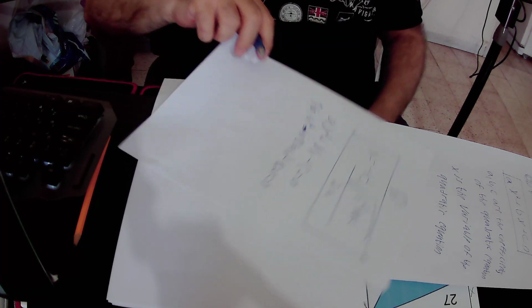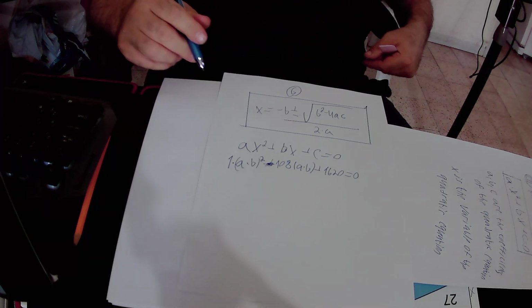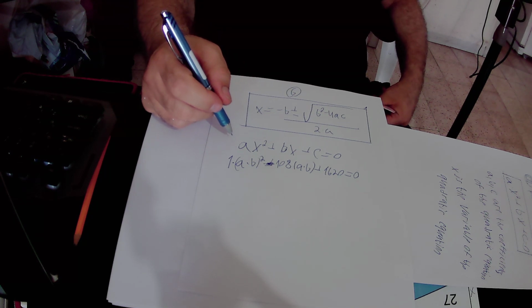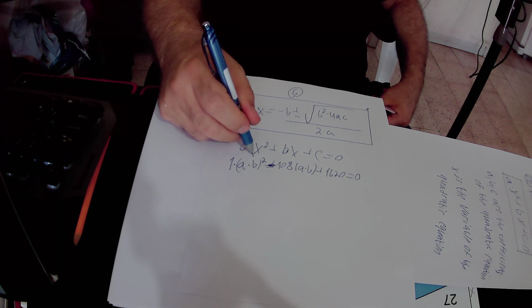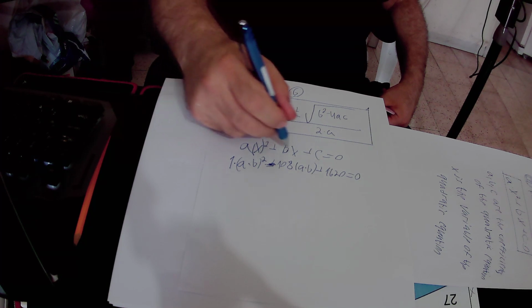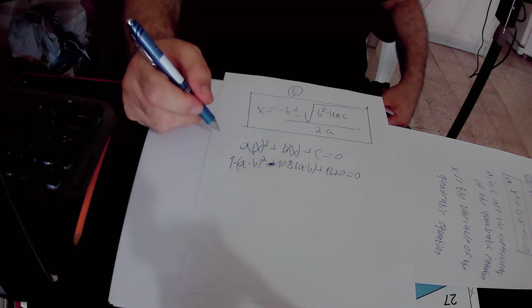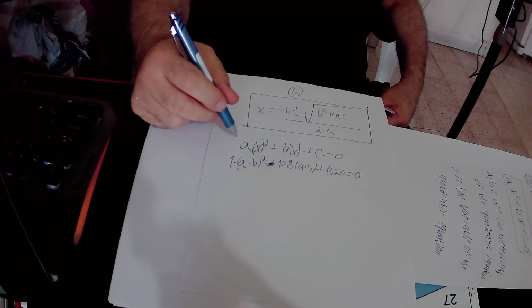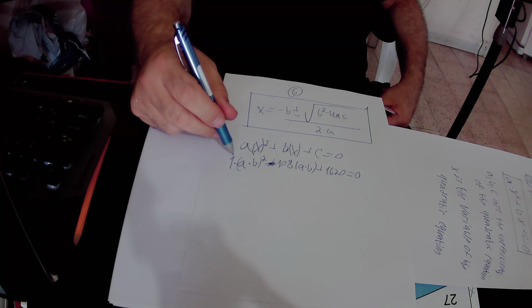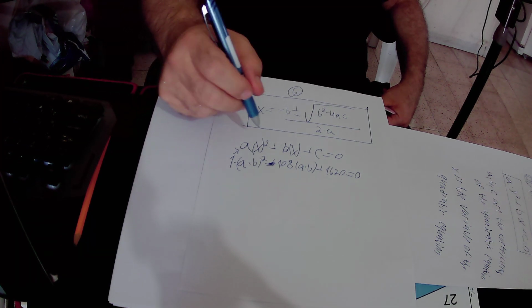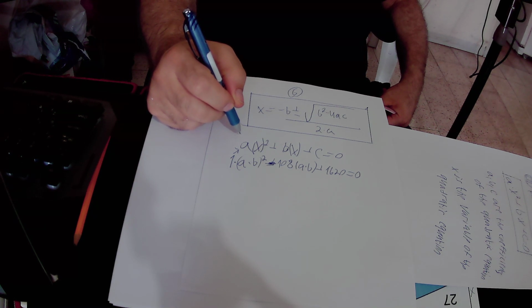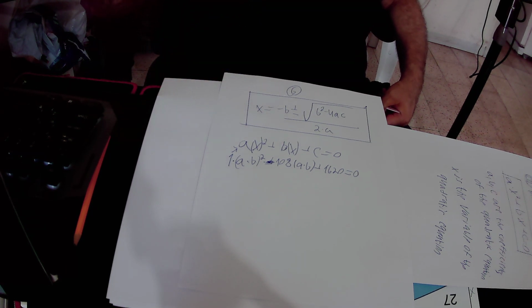Okay, so as you can see here, A equals 1. The coefficient A of our quadratic equation is equal to 1.